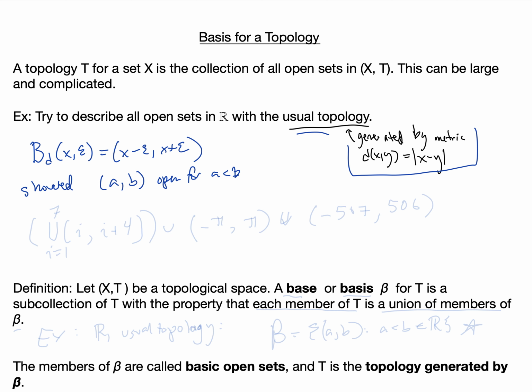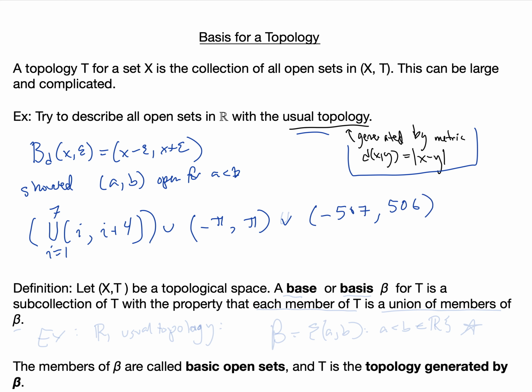And because those sets are open, arbitrary unions of those sets are open, so we could take some strange union of things like the union of (i, i+4) for i equals 1 to 7, together with (-pi, pi), together with (-507, 506).